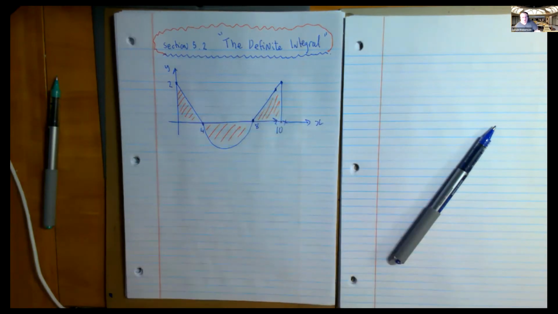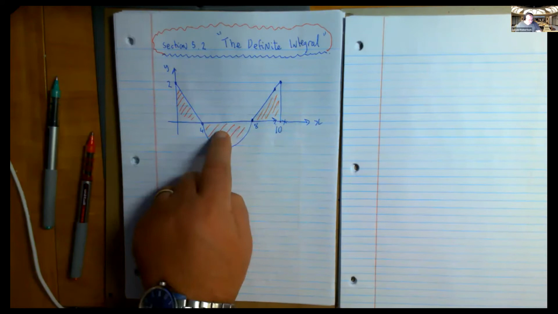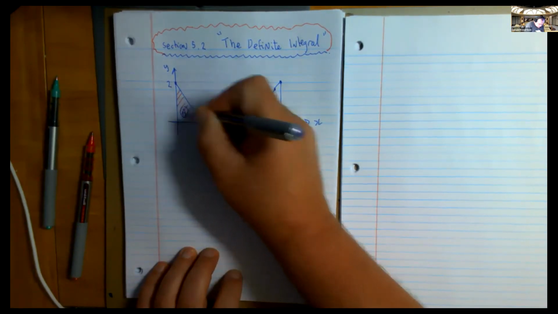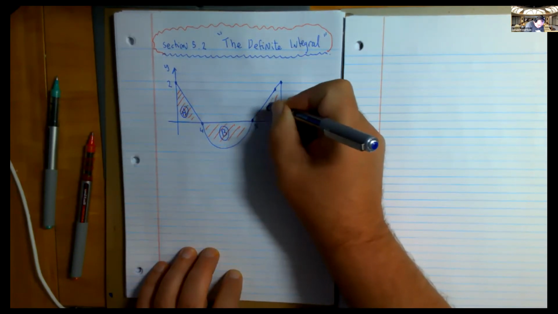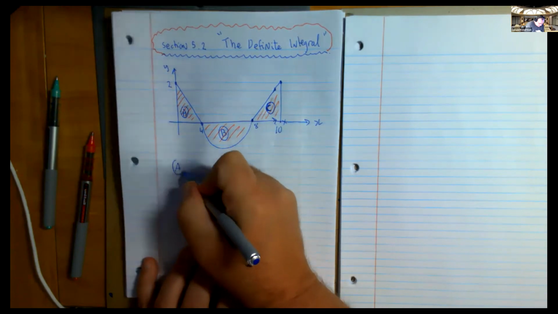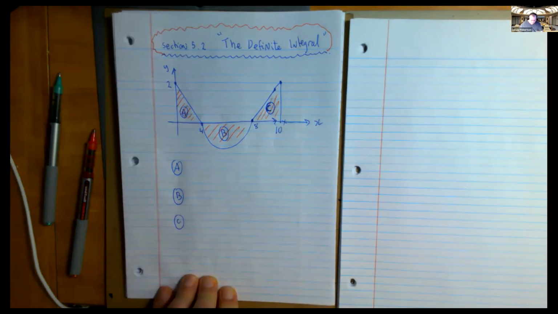So basically that shaded area. And these two are triangles and that's half a circle, which is pretty common. So I'm going to call this piece A, this piece B, this piece here C. And we find the area of each one. And then when we combine them, that will be the area.